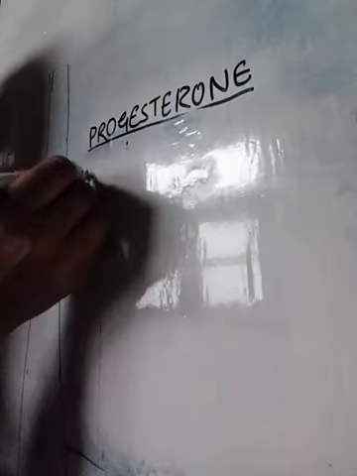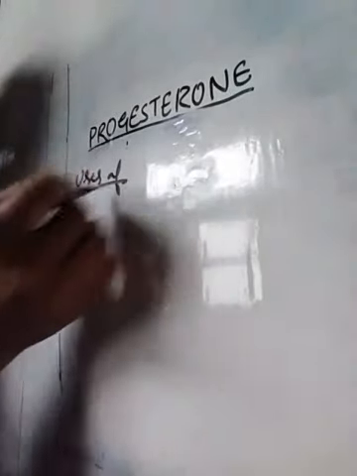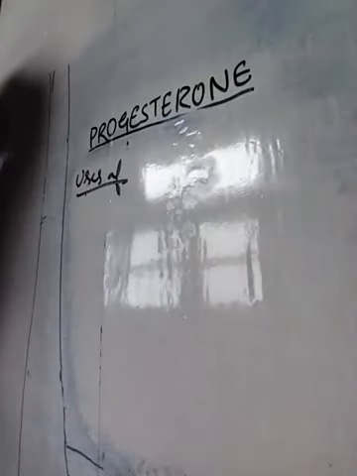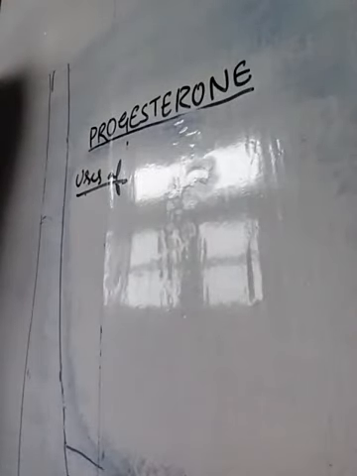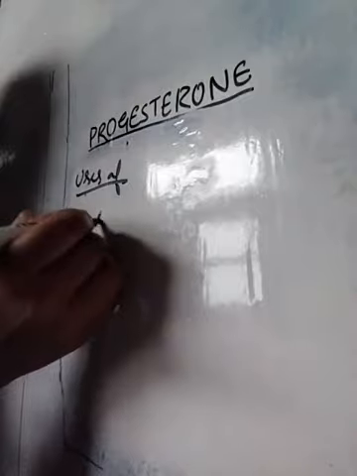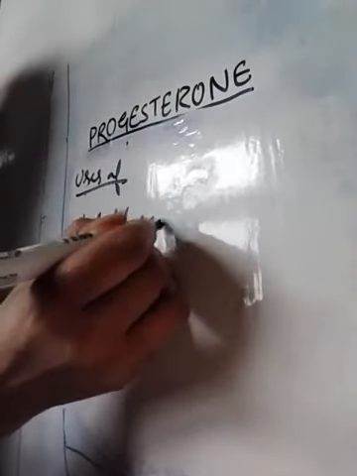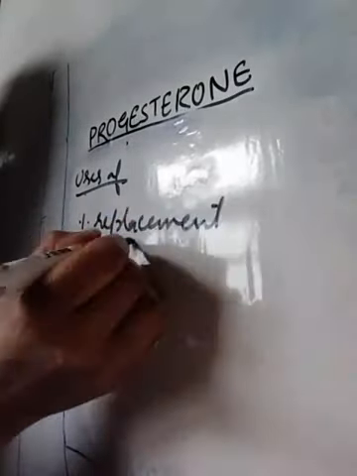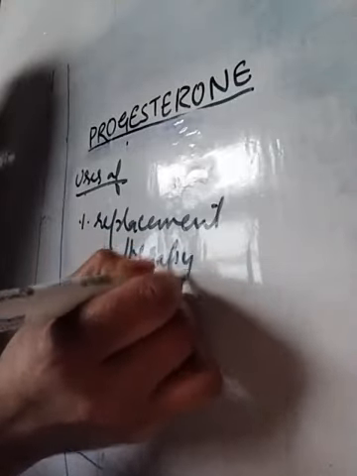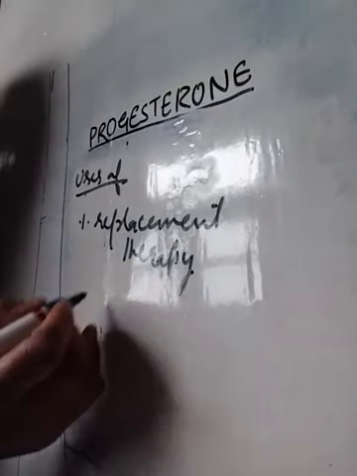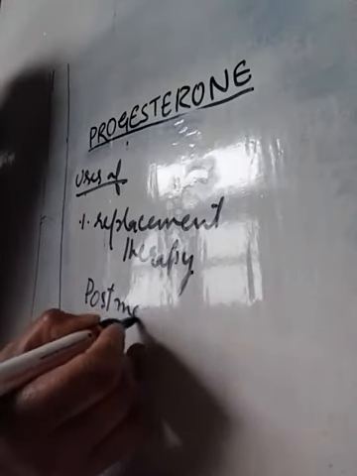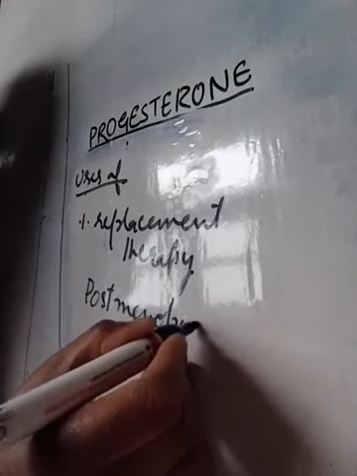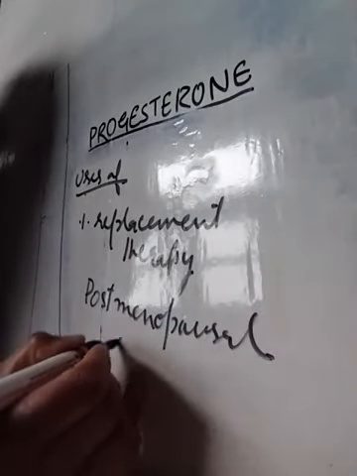Now coming to the uses of progesterone. There are a number of uses of progesterone. We will mention a few here. For example, in replacement therapy. Replacement therapy in case of postmenopausal syndrome.